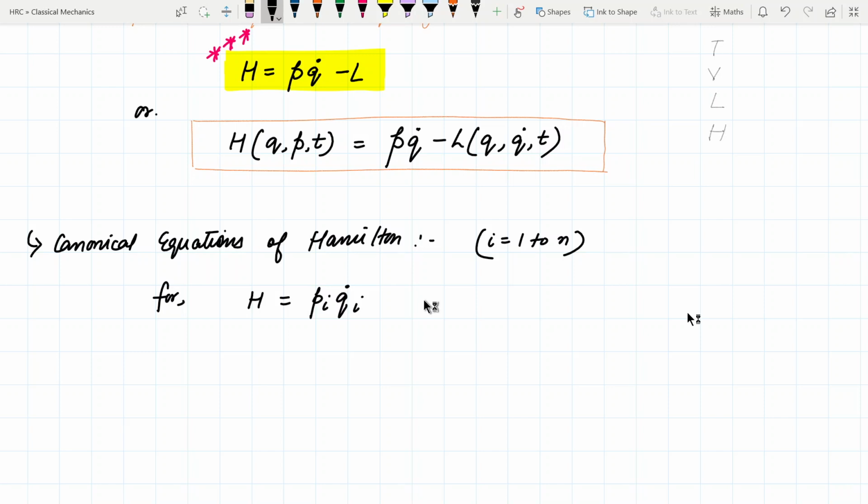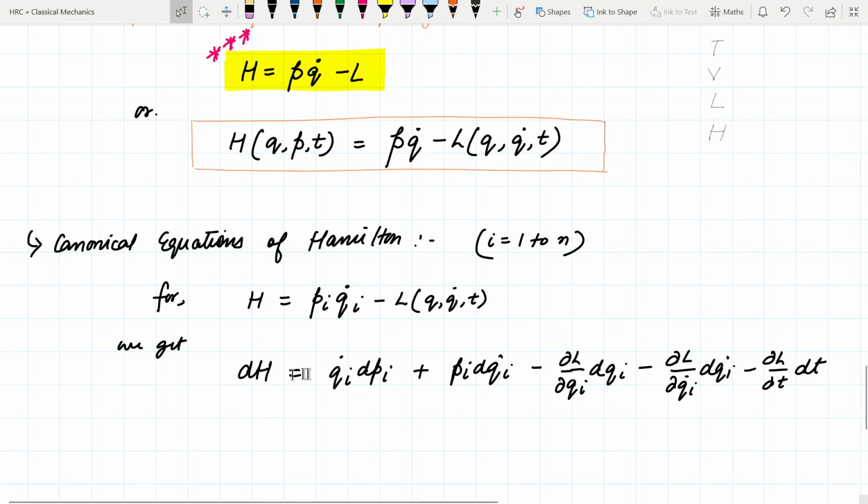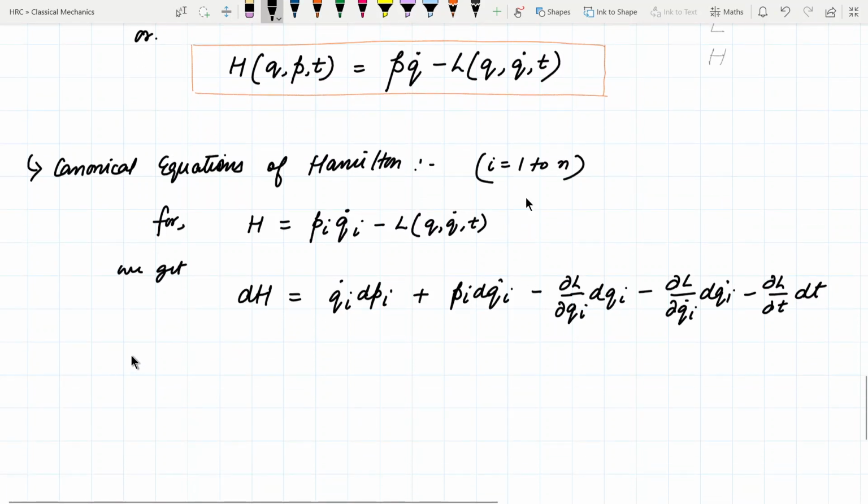So p_i q_i dot minus L, we get the total differential dH is equal to q_i dot dp_i plus p_i dq_i dot minus, now Lagrangian is a function of q, q dot and t also, तो यहाँ पे मैं इसको लिख सकता हूँ del L upon del q_i dq_i plus del L upon del q_i dot dq_i dot minus del L upon del t dt. Okay, so this is one way of writing the total differential of the Hamiltonian.